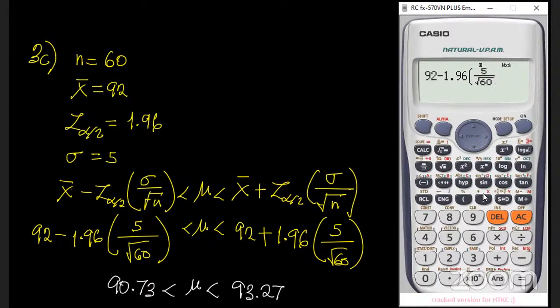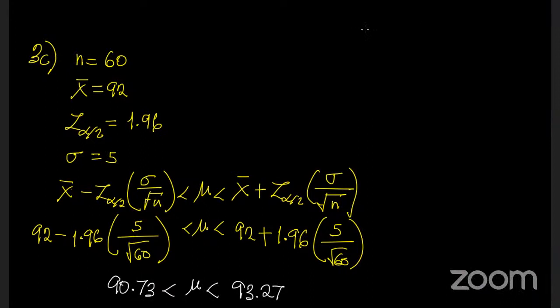Close the bracket. Let's see what that is. 90.73. That's what I had for the other side. For the right-hand side, this is plus, giving 93.27. That's it. So we've answered 3C as well.